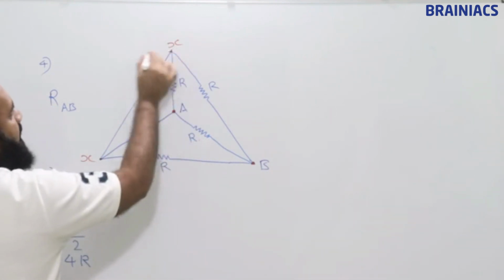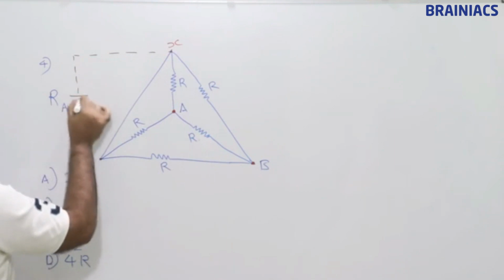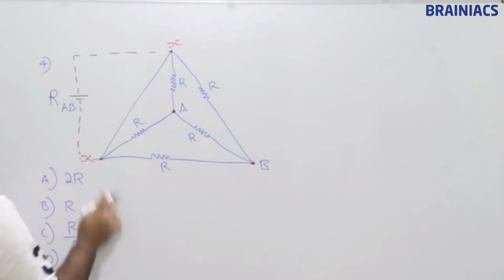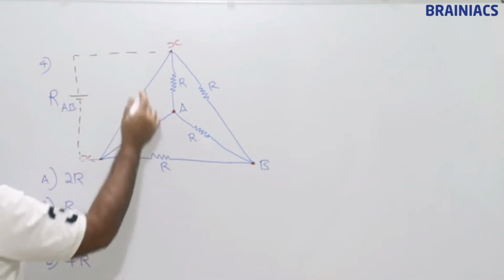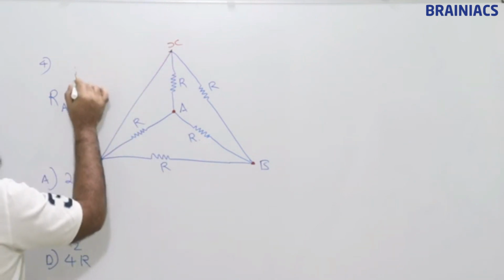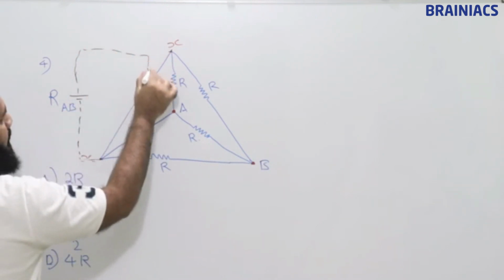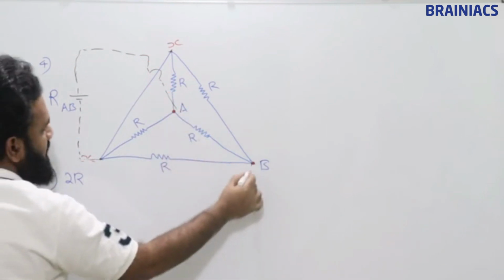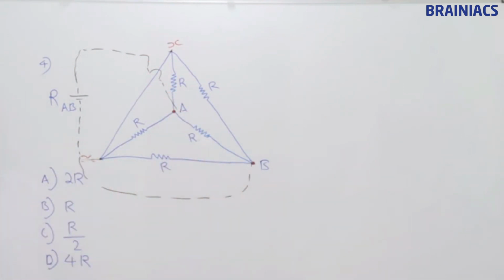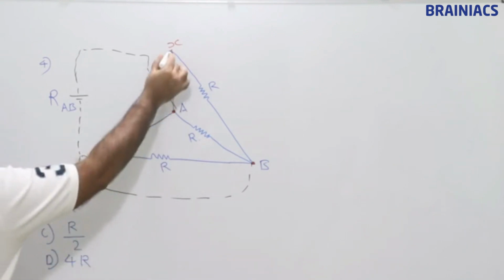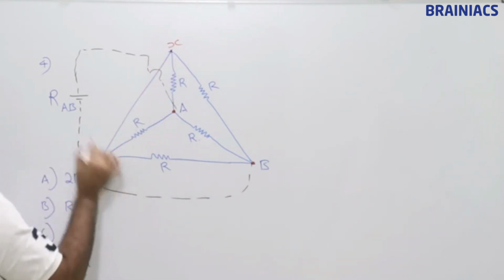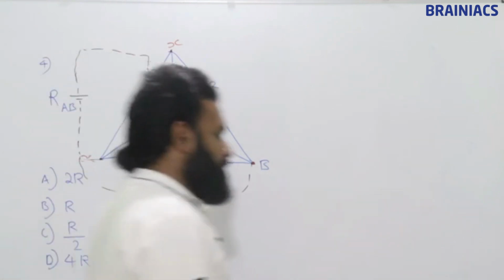Just like if we connect a battery here, like this, current will start moving. So if we take like that, the voltage at this node and this node will be the same.